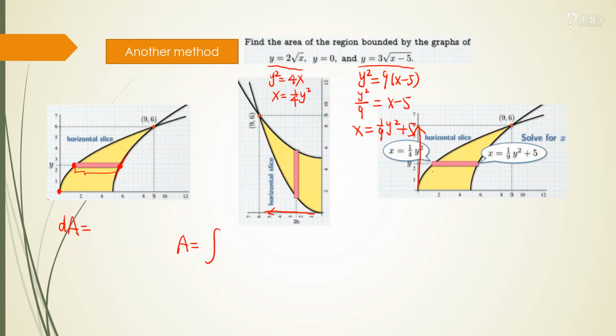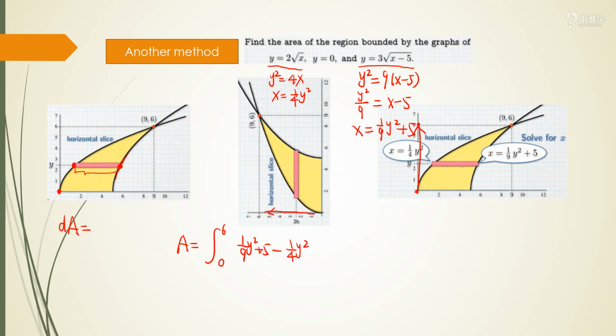Look, the y-coordinates for our region of interest extend from 0 to 6. So the limits of the integral are from y equals 0 to y equals 6. And the area differential is the x-coordinate on the right, which is 1/9 y squared plus 5, minus the x-coordinate on the left, which is 1/4 y squared.